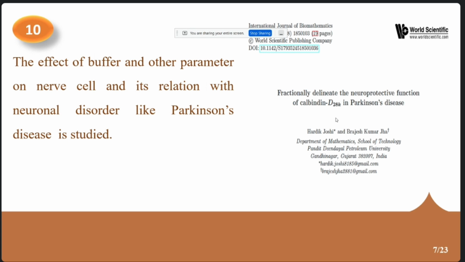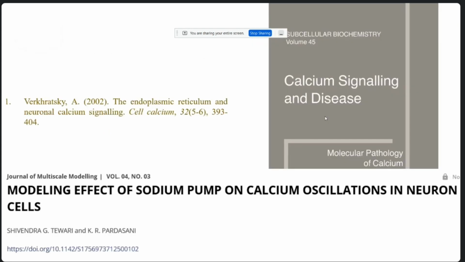I definitely recommend this paper because everything we have written in this paper, the reviewers recommended us to write. Do not hide any term, any topic, so that we have written there. The first paper that you can definitely study. Again, Keshav worked on calcium signaling with the help of the sodium calcium exchanger.